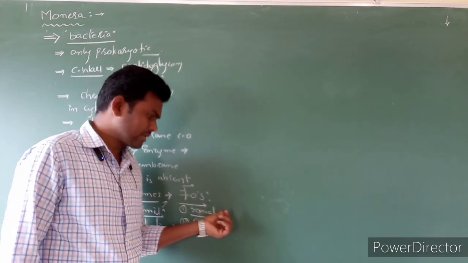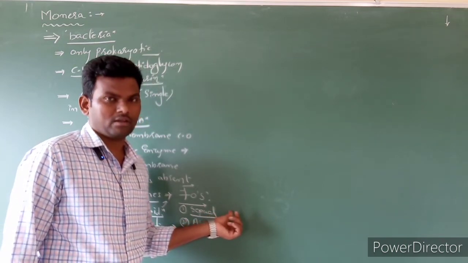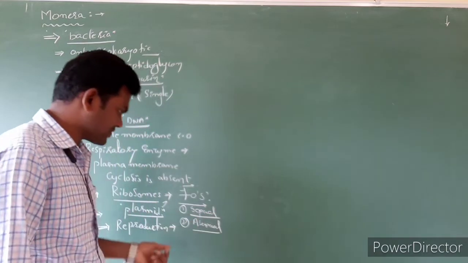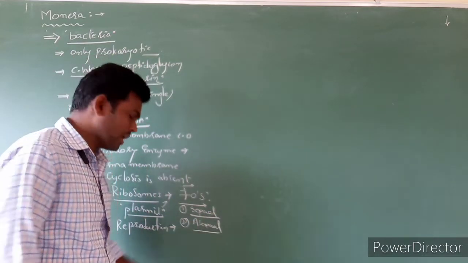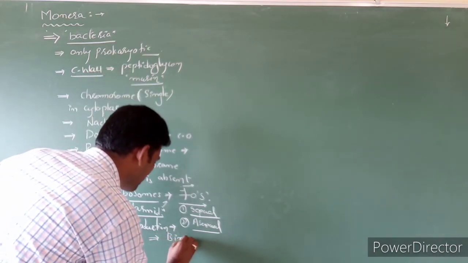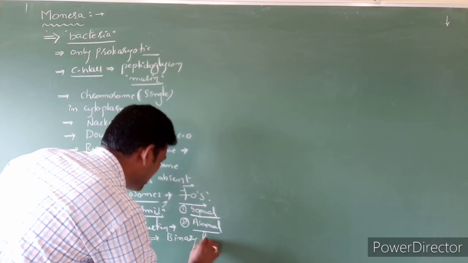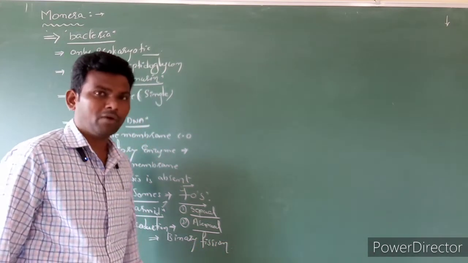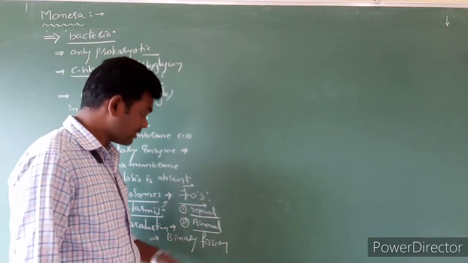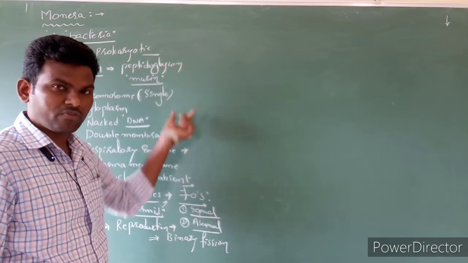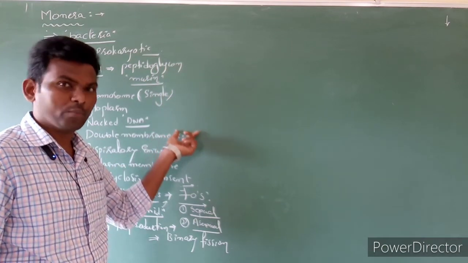So that's why it is called a parasexual reproduction type. It is not a true sexual reproduction. Next, asexual reproduction: asexual reproduction with the help of binary fission. So these are the main characteristic features of kingdom Monera.